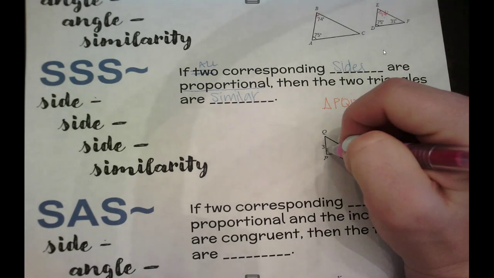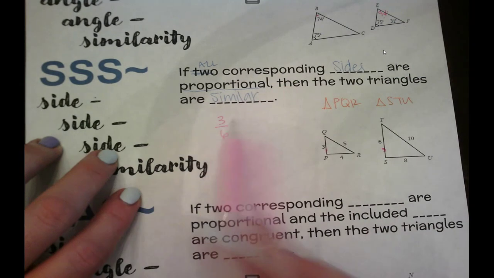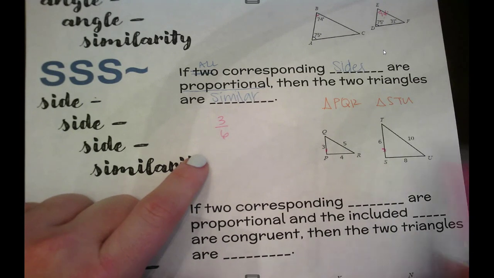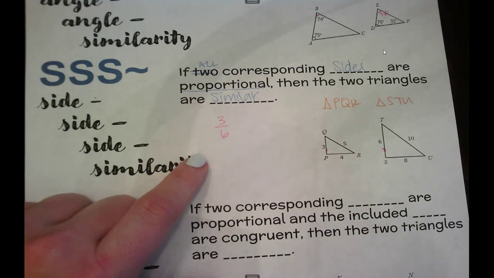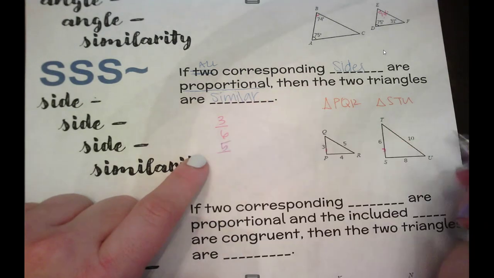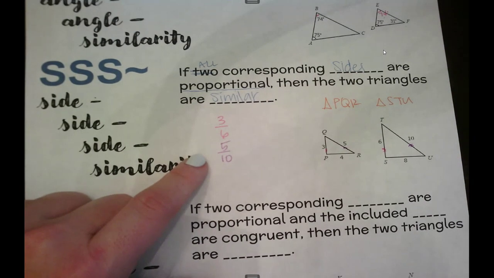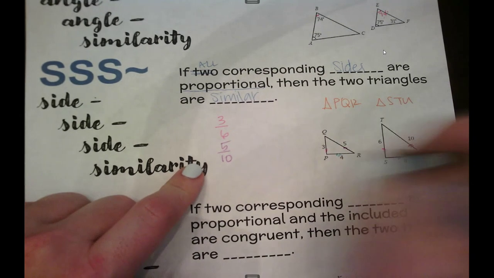We put one over the other. So I've chosen to put the smaller one over the larger one. I'm going to do that for all of our corresponding sides. So we've got 5 here over 10 and 4 here over 8.